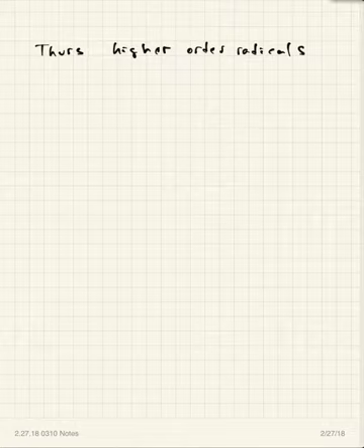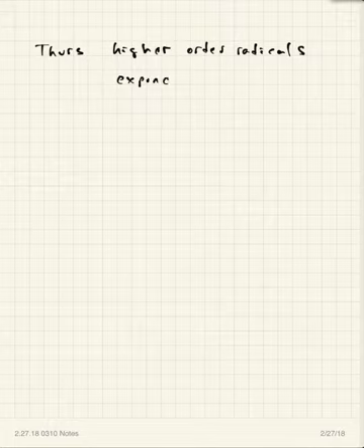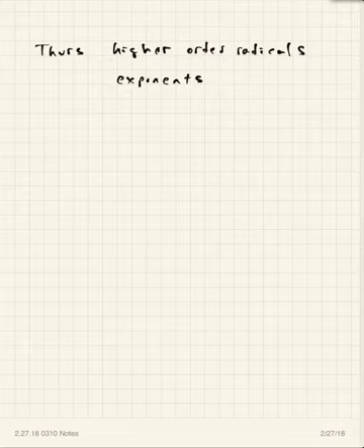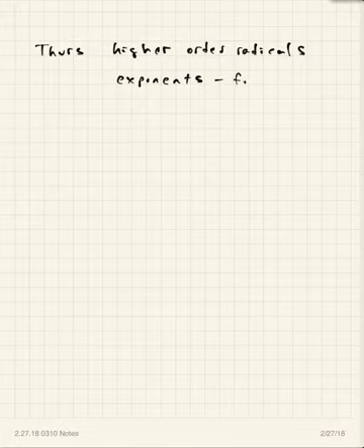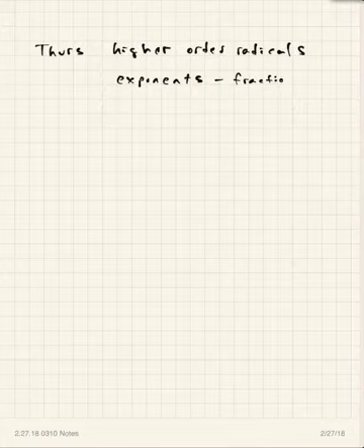And then we're also going to look at exponents again, and believe it or not, these things are connected. We're going to talk about the connection between exponents and radicals next time. In particular, we're going to look at exponents that are fractions.